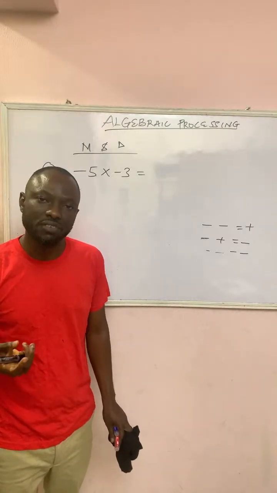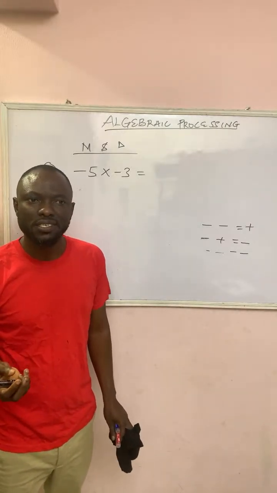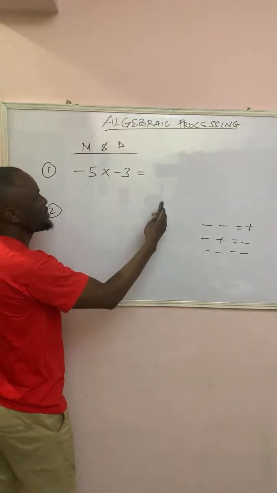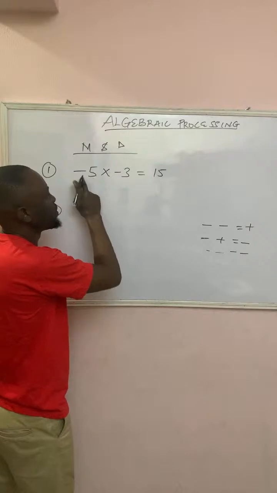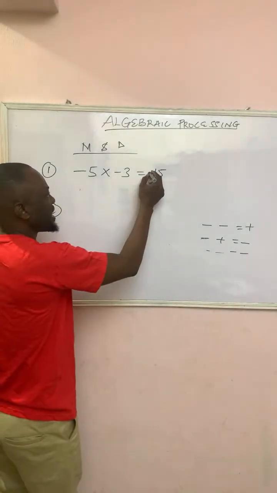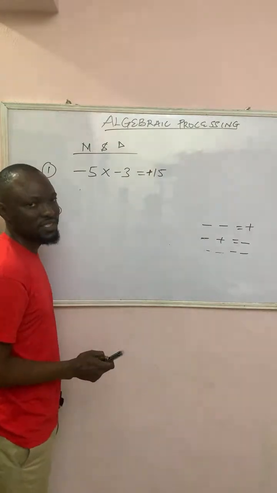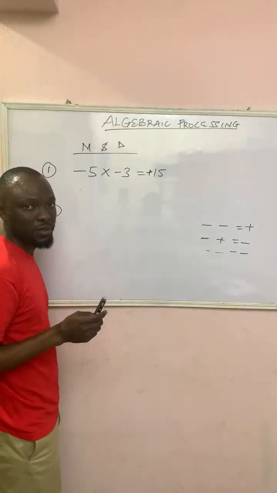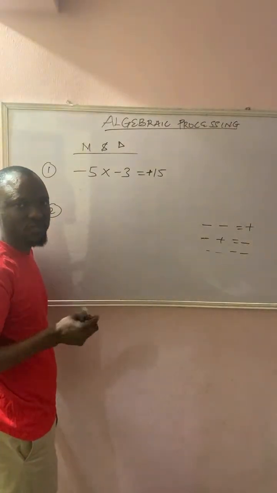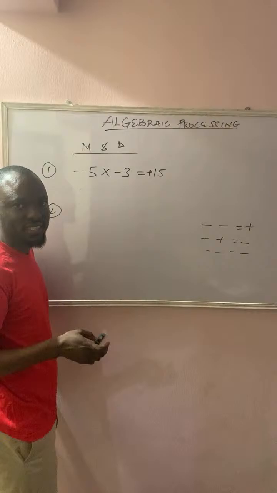What you do is, first of all, multiply the numbers. 5 times 3, 15. You look at the signs. If the signs are identical, then you attach a positive to your result. Very simple. It's quite different from addition and subtraction. We don't take the sign of the bigger number in this case, all right?